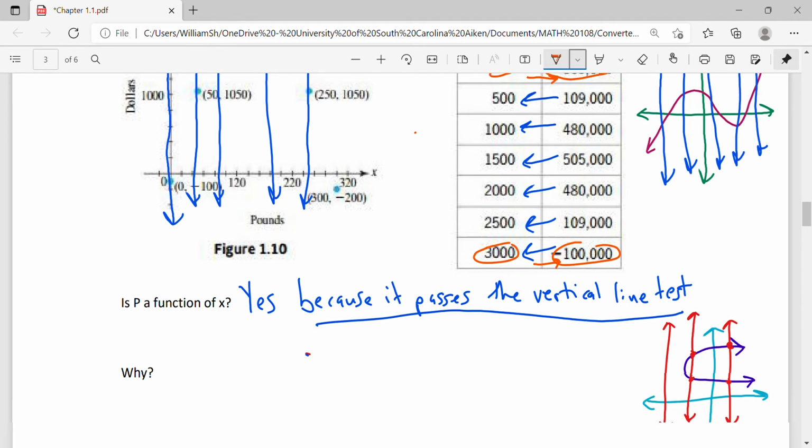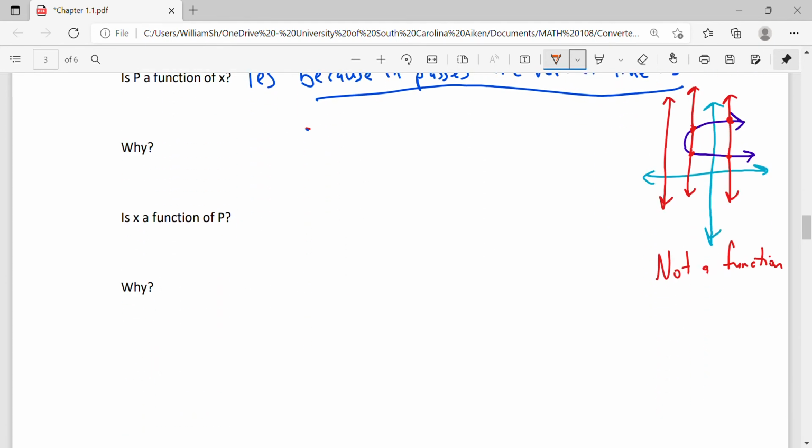Okay, so P is a function of X, but X isn't a function of P because it didn't work in a one-to-one manner on the way back. No. Why? Because it is not one-to-one. Okay.